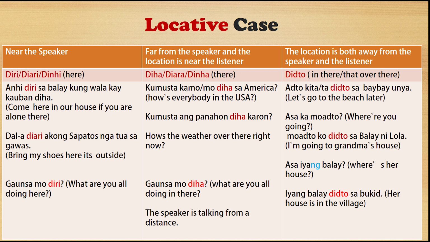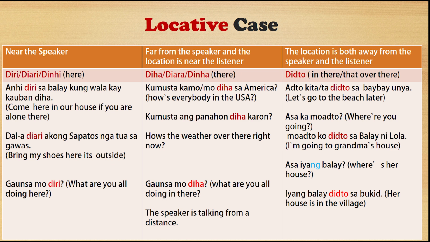So if the location is near the speaker, we say diri, diari, dinhi. So naay tulo ka variation ang here sa Cebuano. Sa English, here. Sa Cebuano, diri, diari, dinhi.